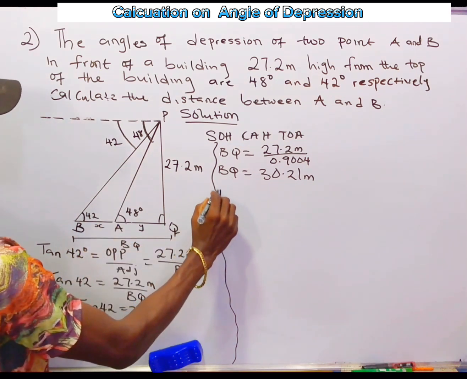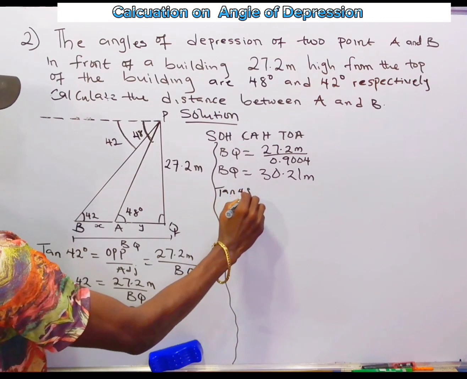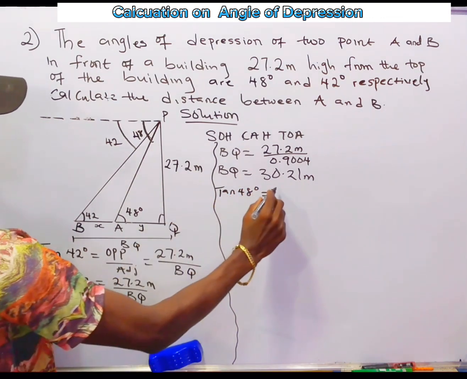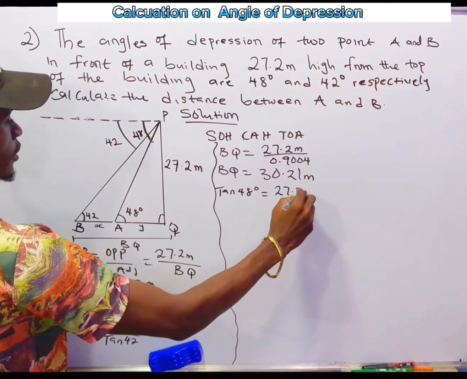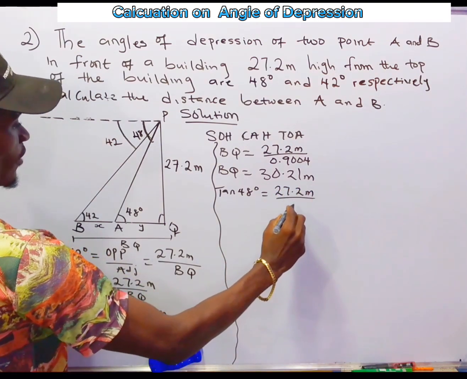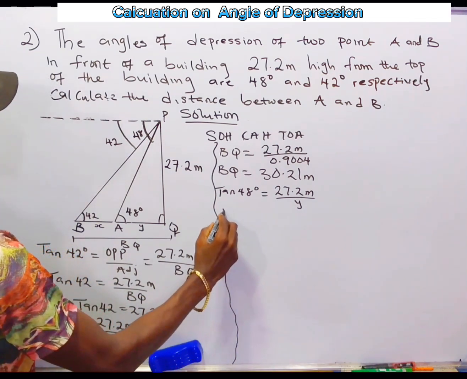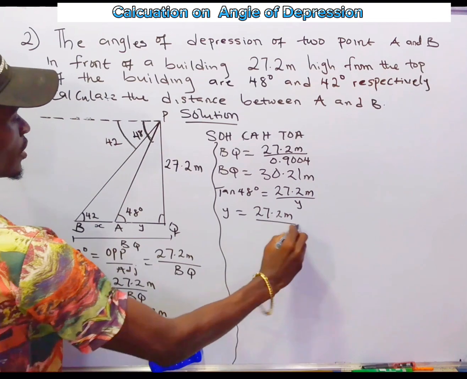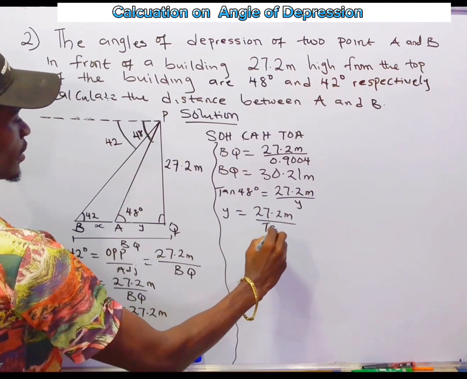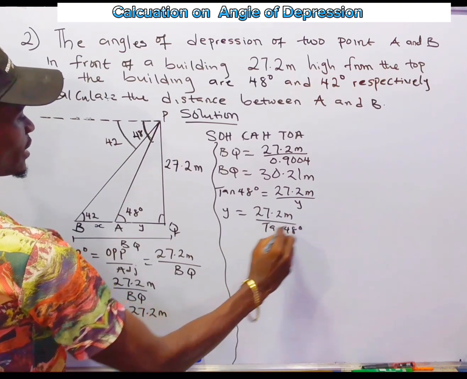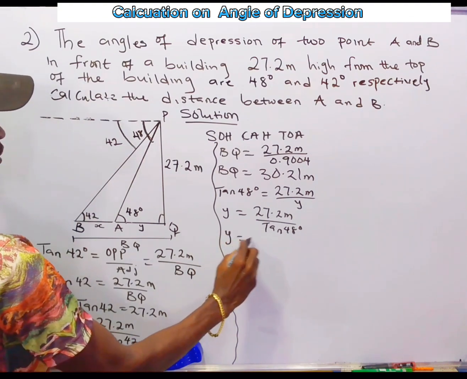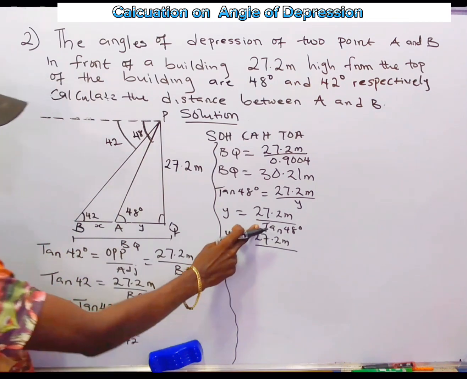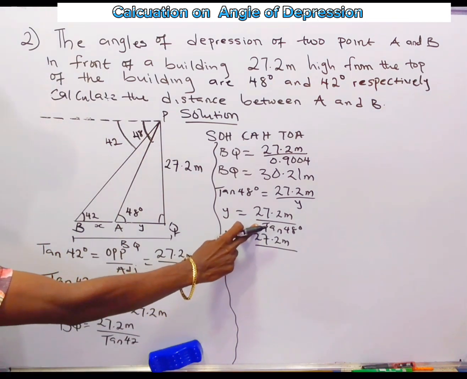We say tan 48 degrees is equal to opposite over adjacent, which is 27.2 meters over Y. That makes Y equal to 27.2 meters over tan 48 degrees.